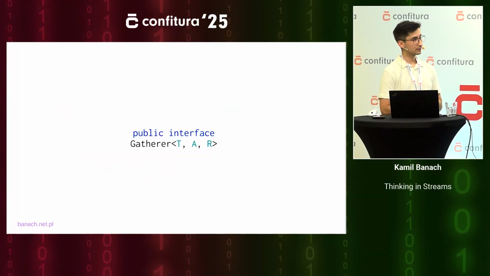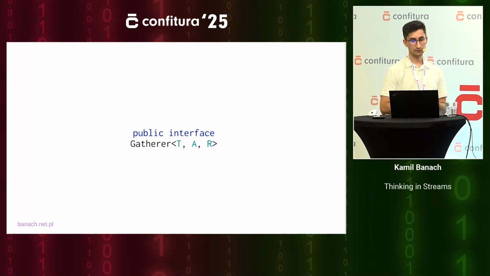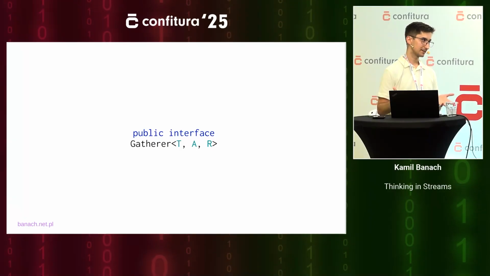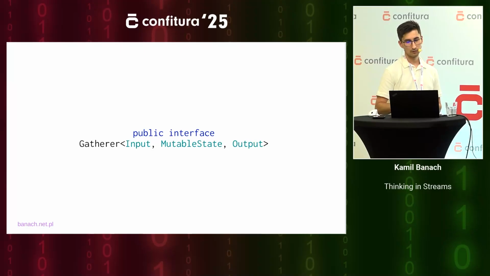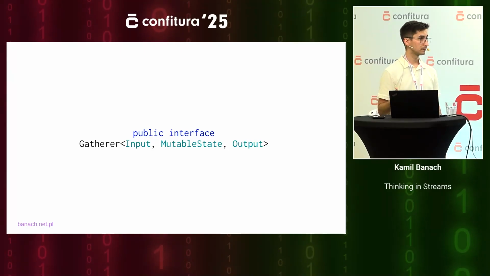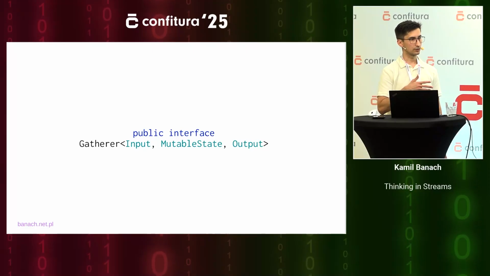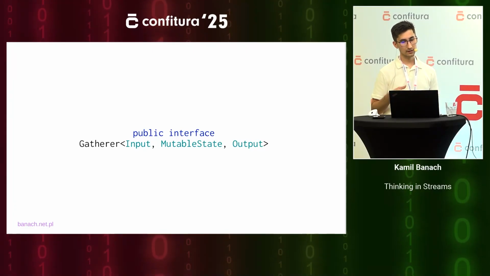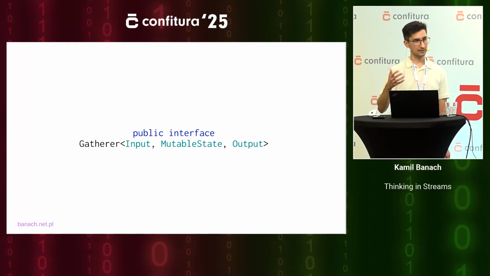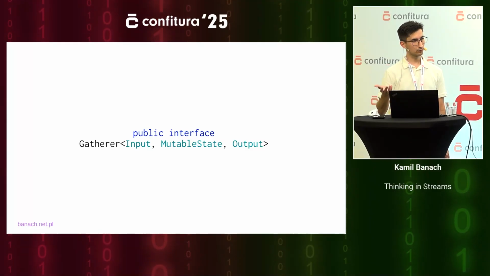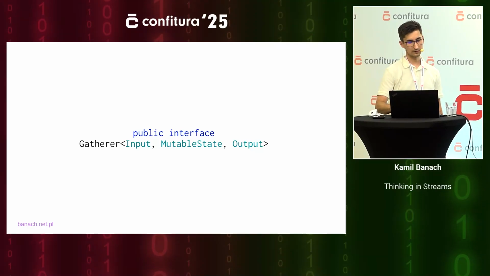The most important interface that we have in stream gatherers in Java 24 is the Gatherer interface, and again we have these mystic letters, T, A, R, which mean input, mutable state, and output. So we have what is going into our gatherer, what is the state of this gatherer, because we now have state and can build stateful or stateless gatherers, and what will be output from this gatherer.